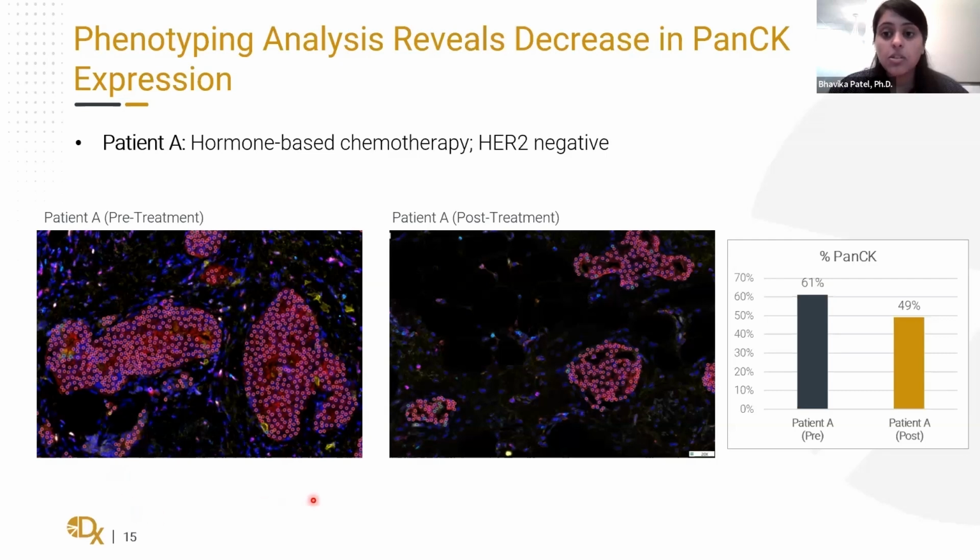The post-treatment shows a decrease in the number of these dots, which suggests a lower number of pan-CK positive cells. When this data was analyzed, we see these qualitative results do indeed show a decrease in the number of tumor cells that are present. Specifically, this patient showed a 12% decrease in pan-CK positive cells post-neoadjuvant chemotherapy that may suggest we have less tumor cells overall.